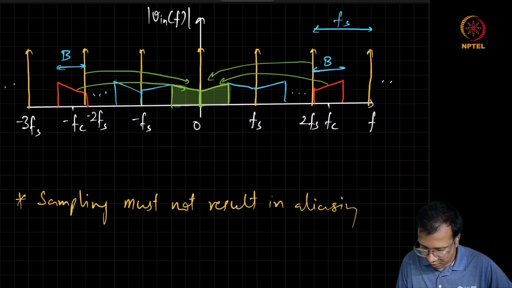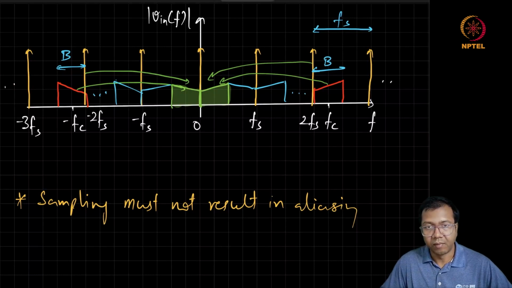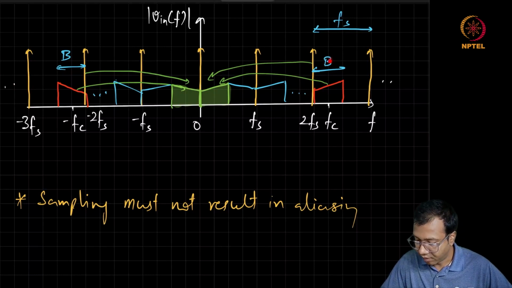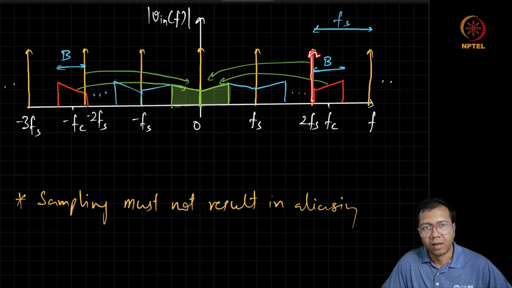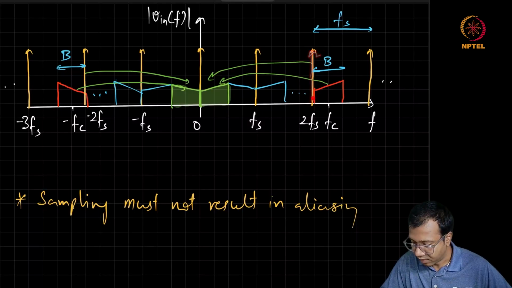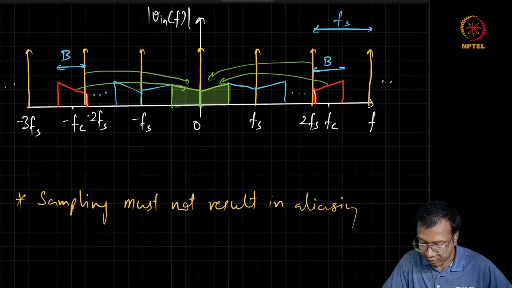So, in this carefully chosen example, where Fs was twice the bandwidth and one of the impulses of P of t is aligned with the lower side of the input signal spectrum, we saw that we got replicas which are just touching each other but not overlapping.